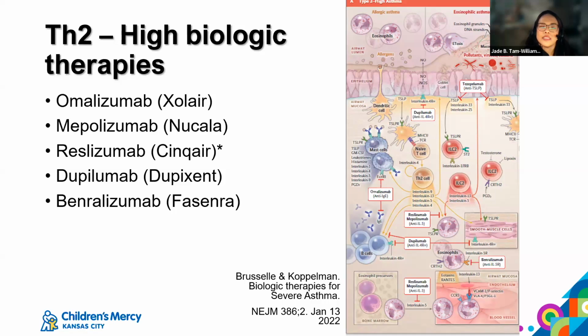Those typically include omalizumab, mepolizumab, reslizumab, dupilumab, and benralizumab. I'm going to discuss just real quickly the four omalizumab, mepolizumab, dupilumab, and benralizumab because we do not typically use reslizumab very much in children.